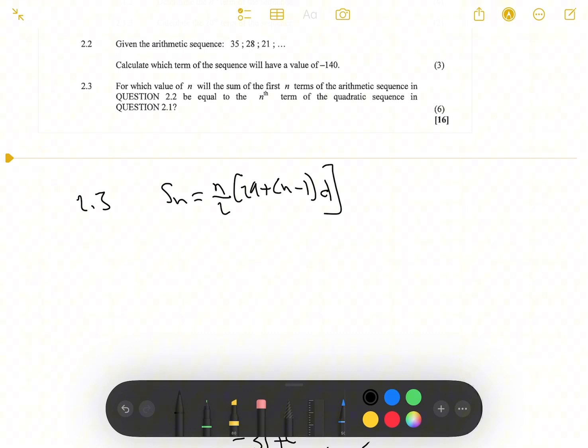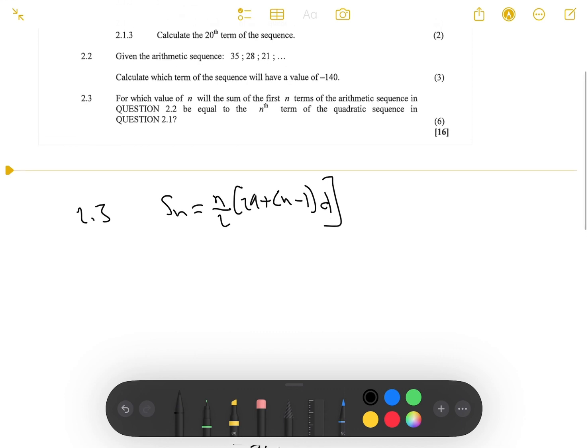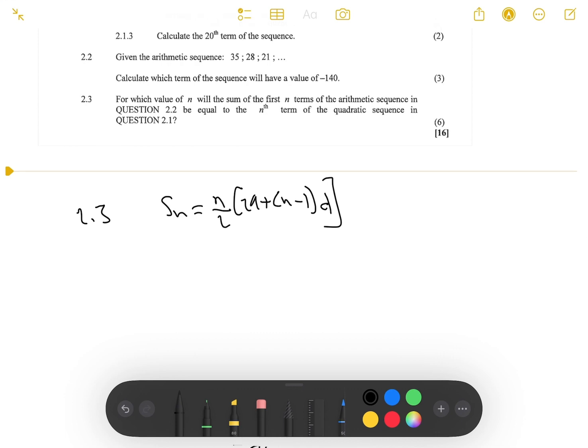Equal to the nth term of the quadratic sequence in question 2.1, that we derived in question 2.2. You see, for 2.1, they're speaking about the quadratic sequence equation that we derived, but not the summation thereof.